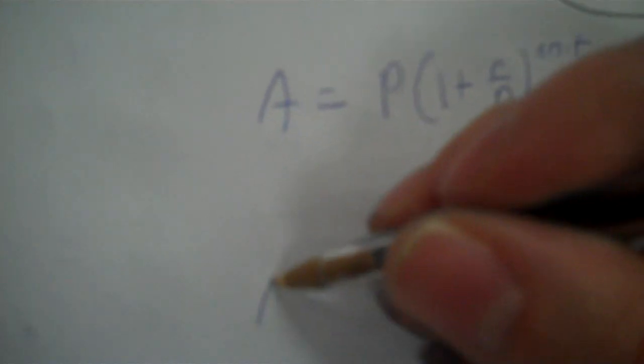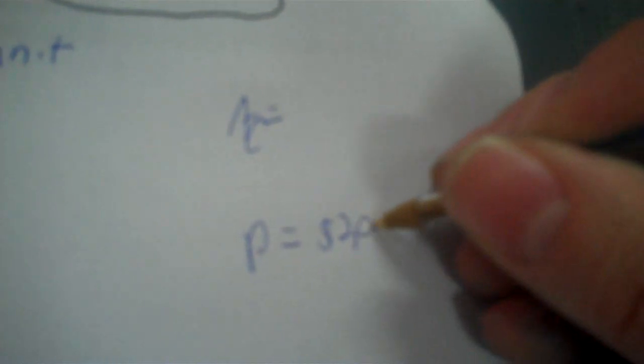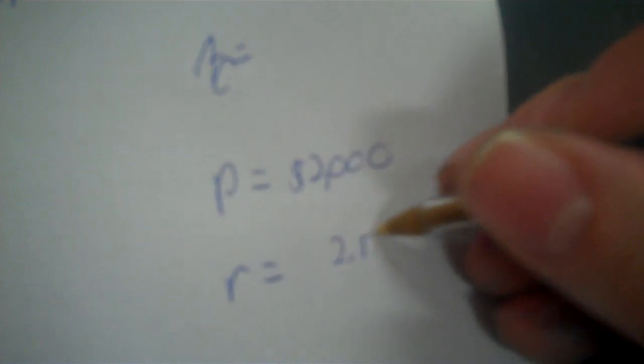So you're finding what A is, but now you need to know what P is. That's your money amount. That's $2,000. R, that's your percentage as a decimal. So you put 2.5%, but you always have to move the decimal left twice. So 0.025 is going to be our R value.